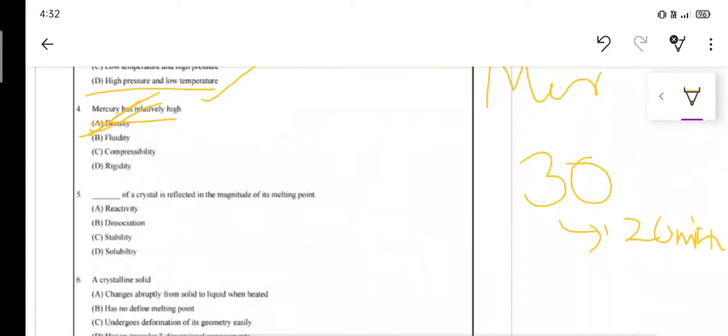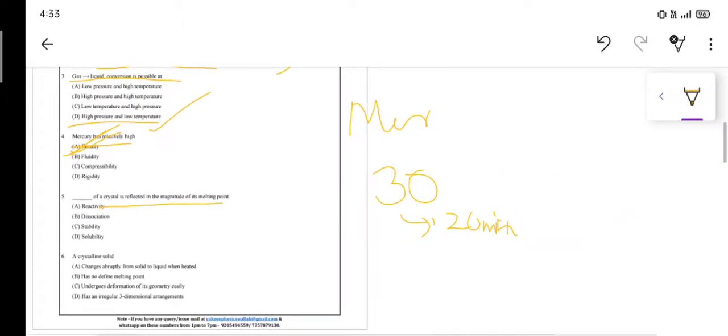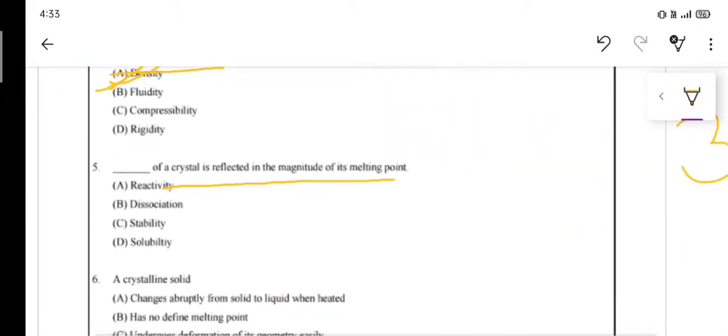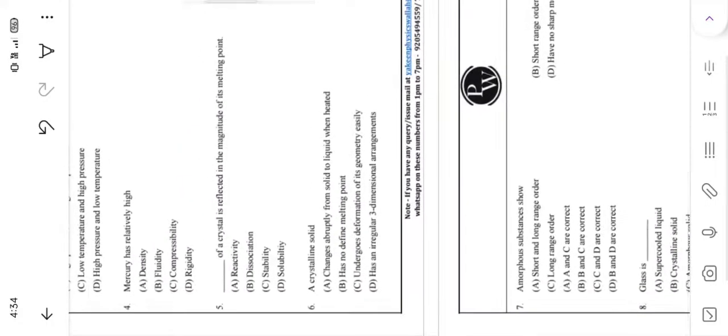Let's try. The dash of a crystal is reflected in the magnitude of its melting point. Reactivity, dissociation energy, stability. Okay, I think the PDF is not clear, so I take the clear one. The stability of a crystal is reflected in the magnitude of its melting point.